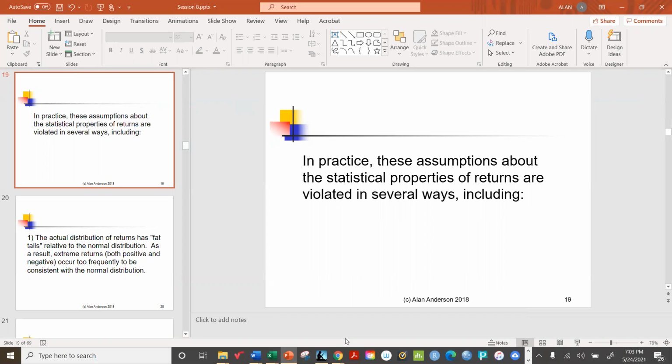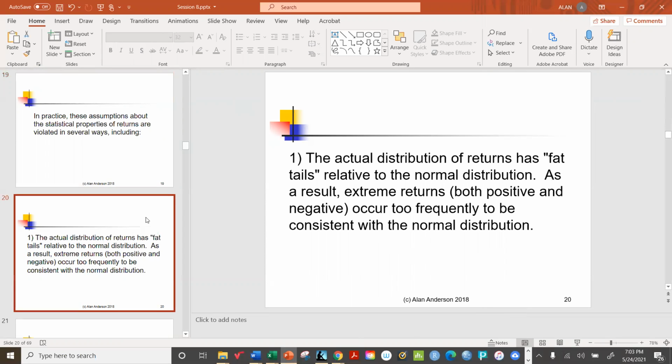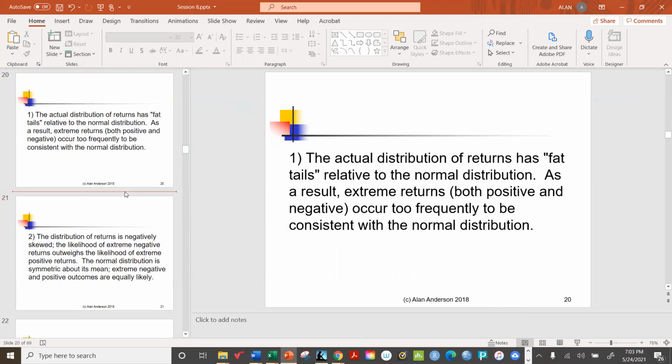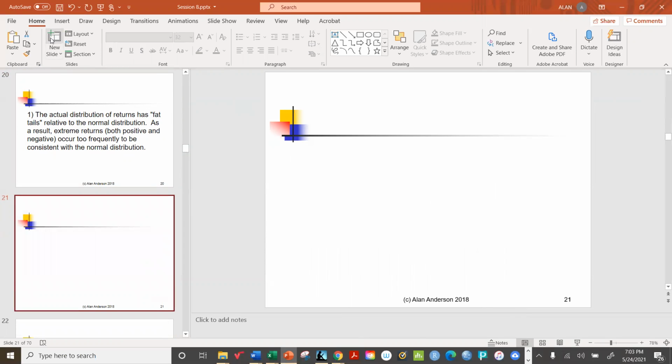But anyway, here are some ways, just briefly, in which the normal distribution assumption is being violated in practice. Let me draw a picture of this so you can see what we mean. What you're saying is that the returns to stocks, or any other assets for that matter, should look like the normal curve.